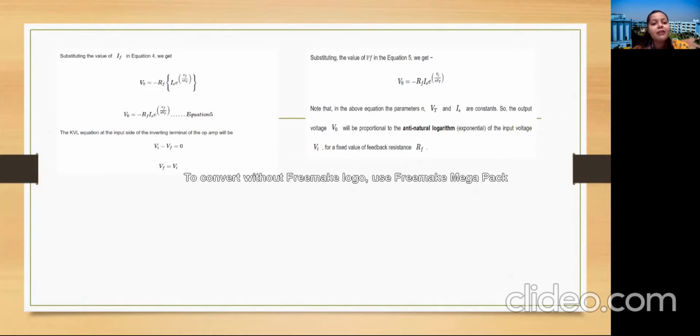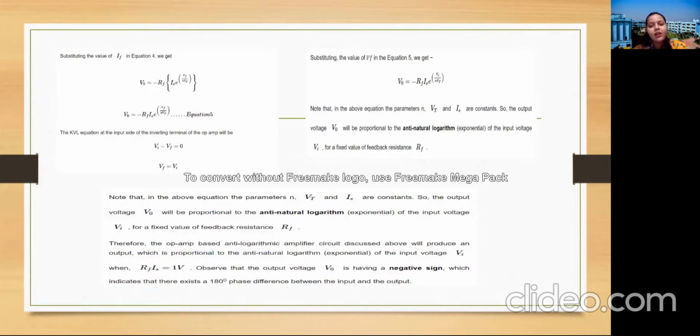And from there, we can have our equation of output voltage, which is proportional to the anti-log of the input voltage. So if again the parameters N, Vt and Is are considered to be constant, the output voltage will be proportional to the anti-logarithm of the input voltage Vi for a fixed value of resistance Rf.